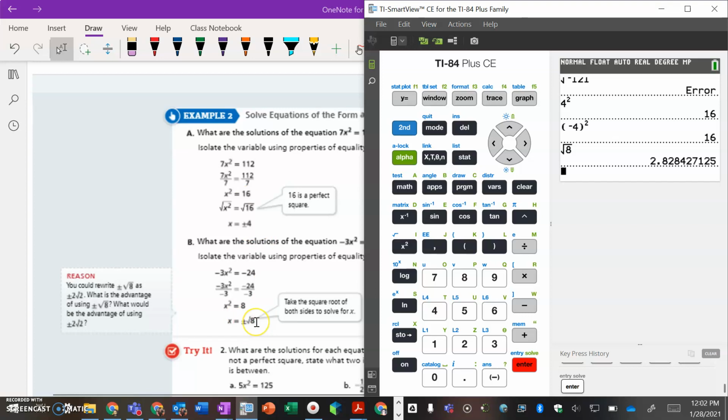The square root of 8 is really all you can do there. Later on, we'll take a look at breaking this down into factors, and then maybe you can continue with that simplification. But for now, plus or minus the square root of 8 should suffice. Don't forget the plus or minus.